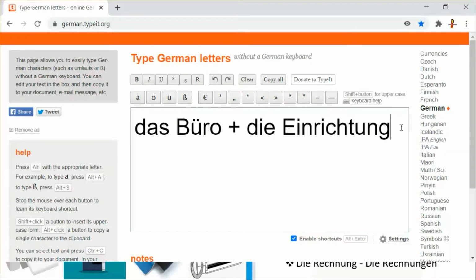So the equipment or furnishing of the office.